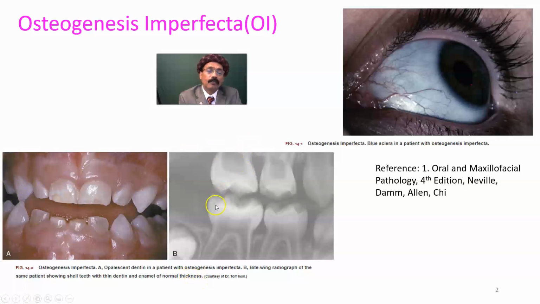So the enamel is normal, but the dentin is thin. Here there is deficiency of the dentin, and the enamel is more or less normal.